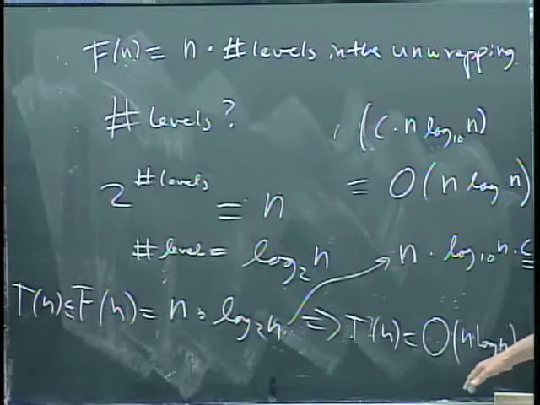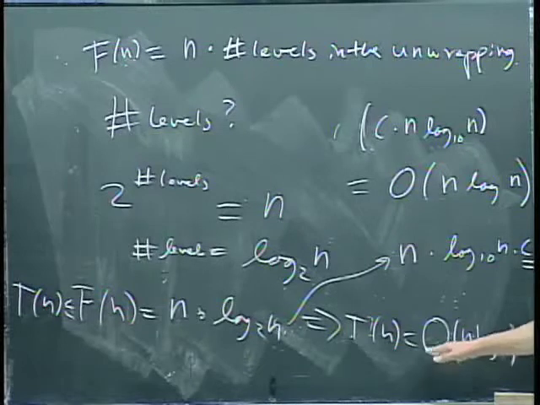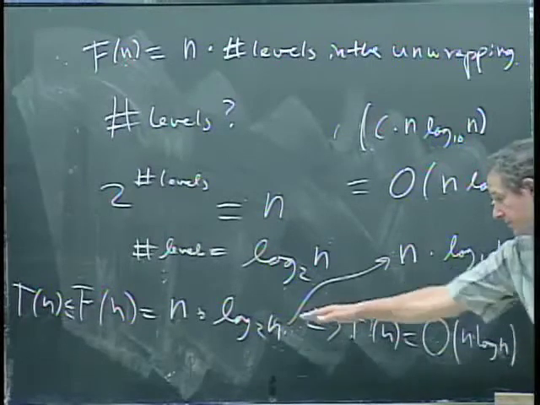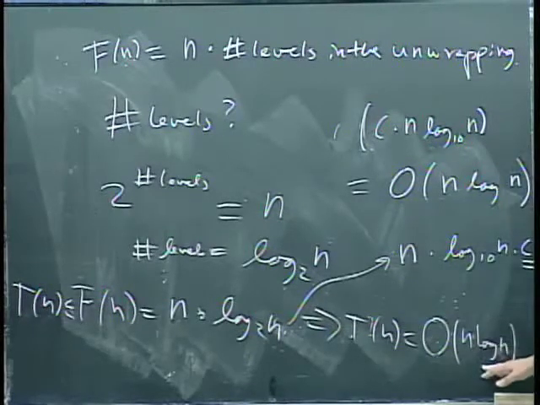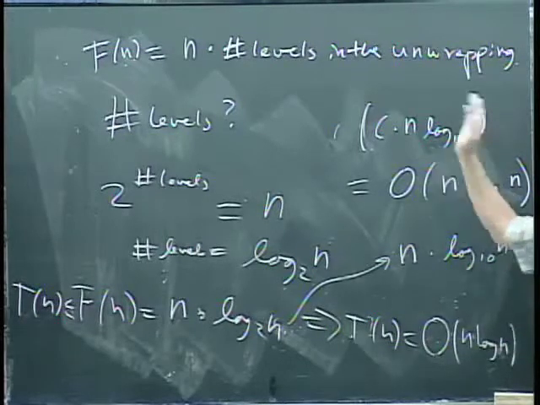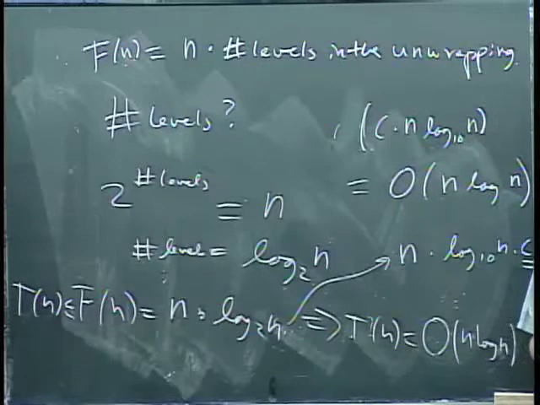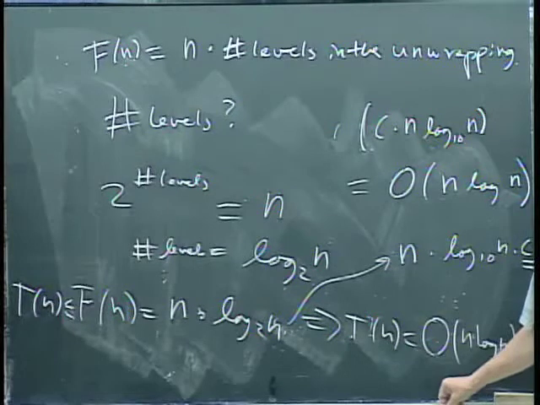Whatever base you want to put in there for convenience, this would be true, that this function is big O of that, because that base would only differ by a constant which gets eaten up by the big O anyway. So you don't really need to put a specific base there. Whatever base you would use, you would be right.